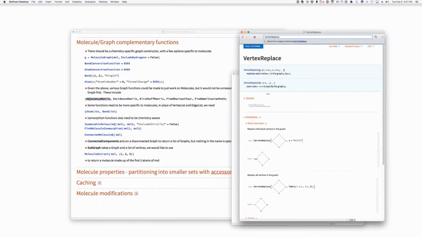Well, for the time being, we could say molecule reorder or something. I don't know, we could call it molecule reorder, something like that. Okay, I can make that up.